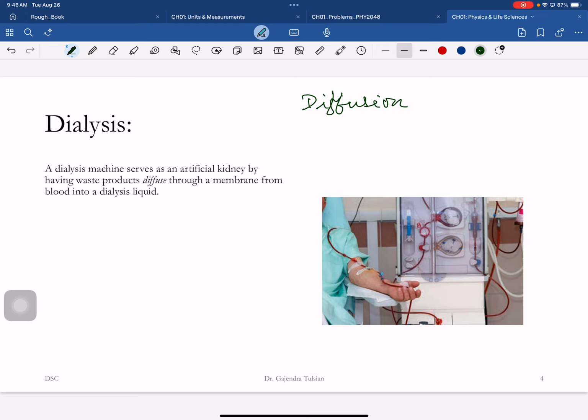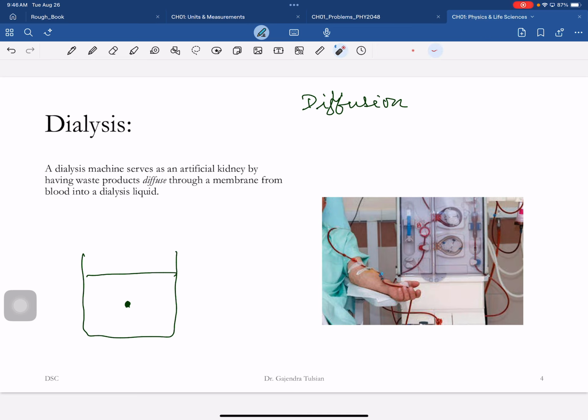Anybody know what diffusion is? You can take a glass of water, put a drop of ink in the water, and what will happen?